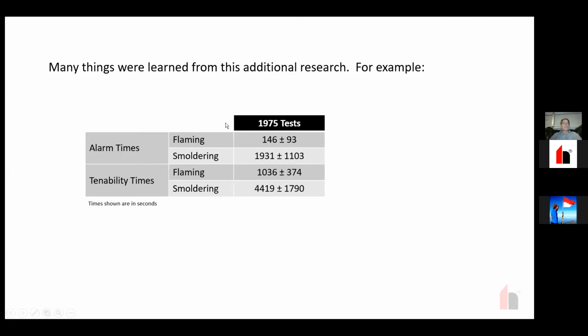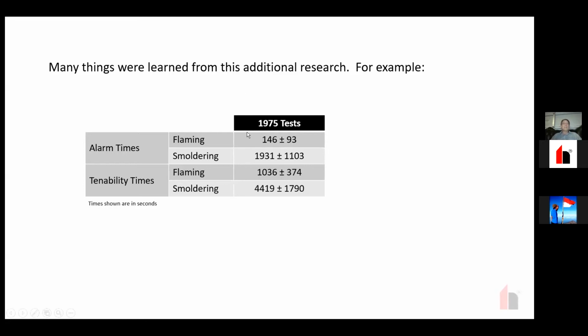So in the 1975 tests for flaming fires, the smoke detector would sound the alarm at roughly 146 seconds. That's about 2.5 minutes. So after the flaming fire was going, about 2.5 minutes, the detector would go into alarm. The room became untenable at about 1,036 seconds. That's a little over 17 minutes.